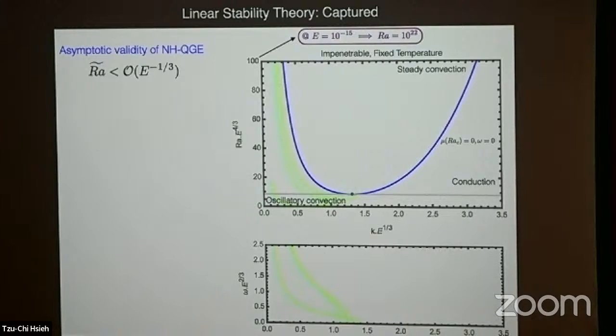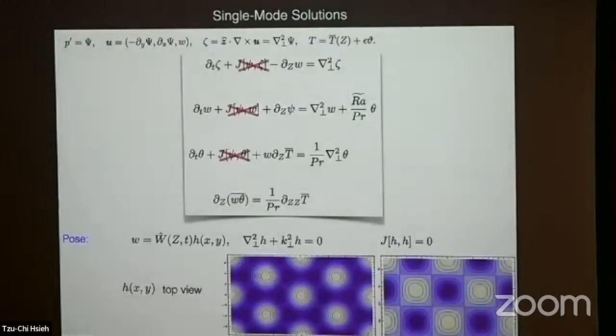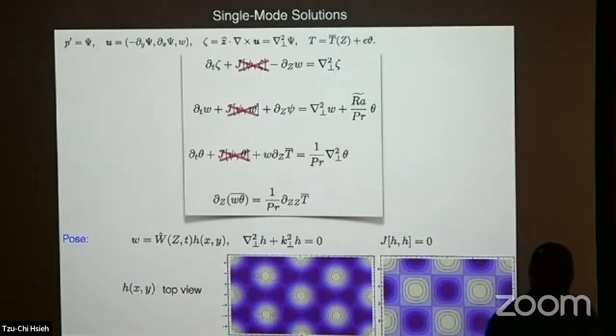So let's start taking a look at some of the solutions here. It's pretty rare that you can get what I call some exact solutions to nonlinear PDEs, and we actually find that this reduced set of equations, the non-hydrostatic QG equations, actually admit what we call a class of single mode solutions.